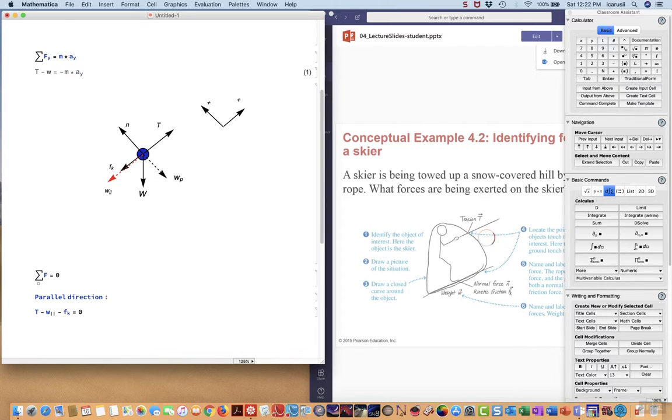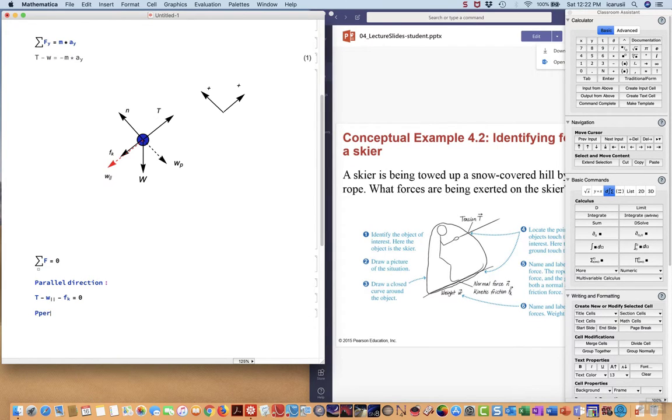Now, what about the perpendicular components? Well, they also have to be there. So I'm going to go ahead and do that. I have two components acting perpendicular to the plane, the normal force and the perpendicular weight component. So let's write it.